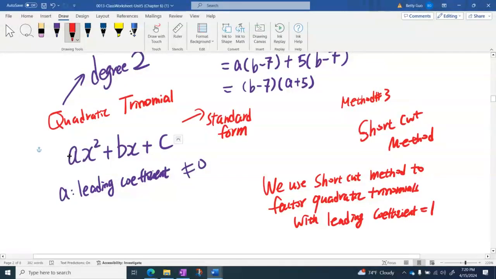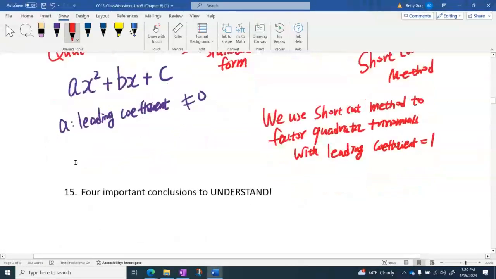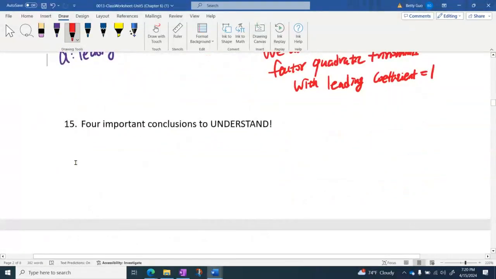Like a here is 1. And you might wonder, what if a is not equal to 1? Then we have a different technique. We're going to learn that technique later, probably not today. So we apply the shortcut method when we need to factor a quadratic trinomial with the leading coefficient equals 1. Okay, let's see some examples.